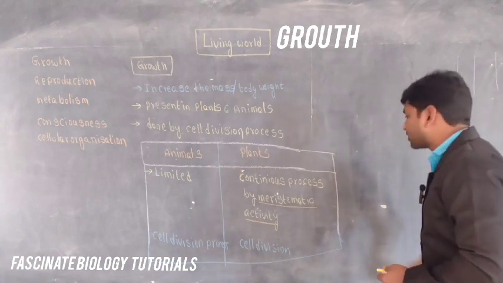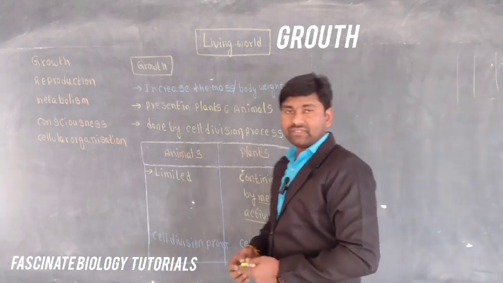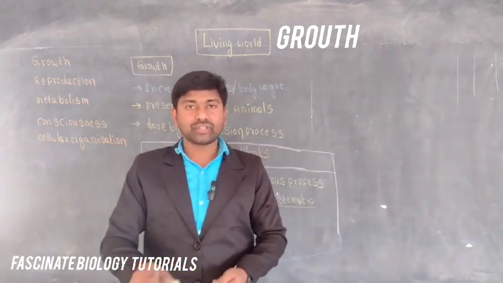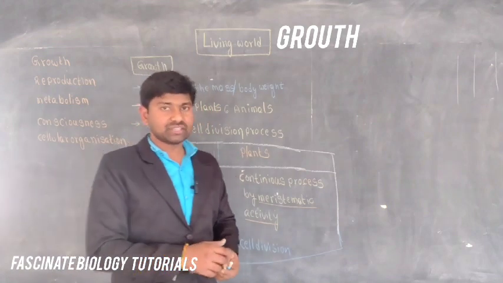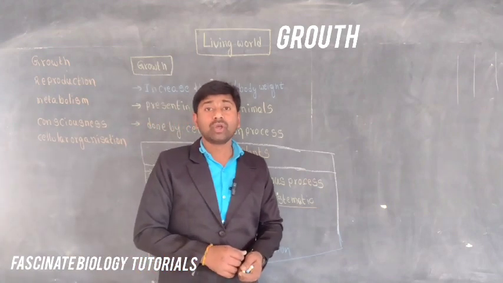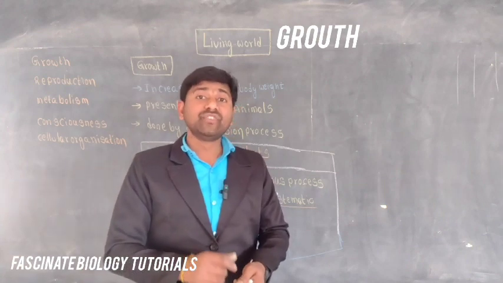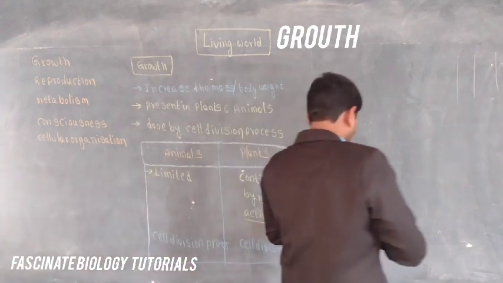One more point is there about the cell division process. The cell division is already happening inside the organism, but we are not able to see how the cell division is going on. But we can easily observe it in in vitro cultures. That is the point now.